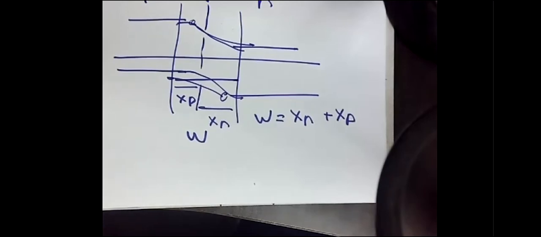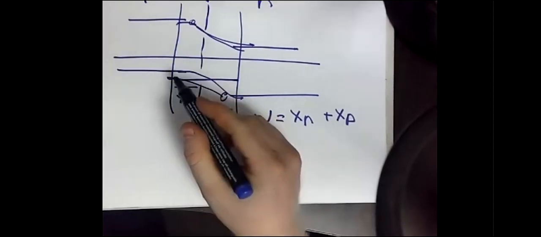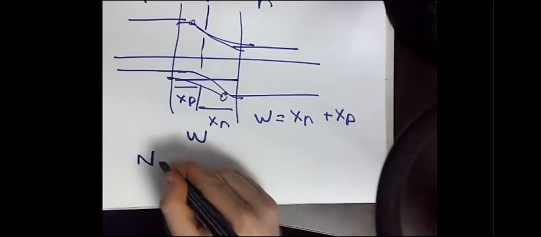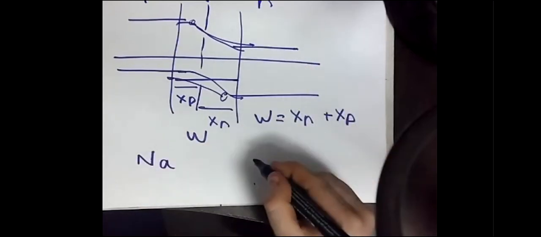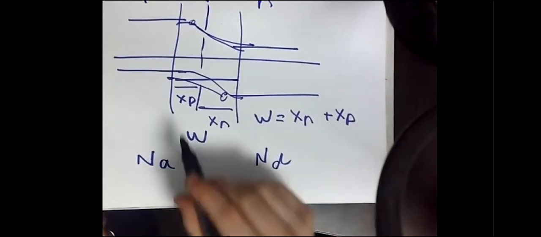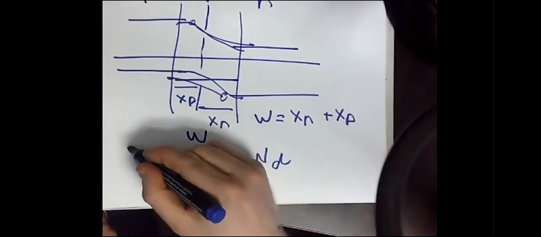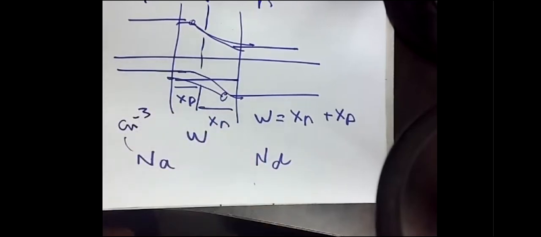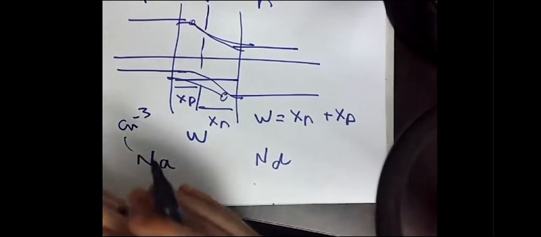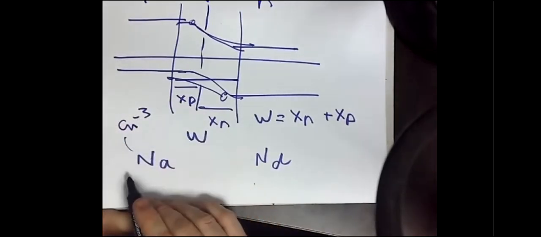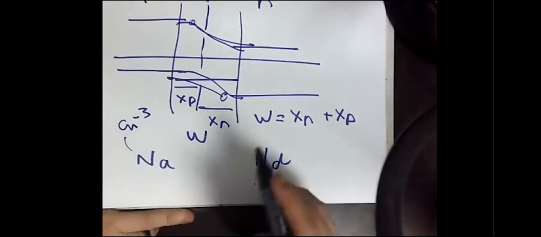Okay, so as you know, the hole concentration is called Na, and the electron concentration is called Nd. As you know, this Na, if you remember, its unit is centimeter to the power minus 3. So this is charge per unit volume. In order to calculate the total charge, you should multiply this concentration by a volume.